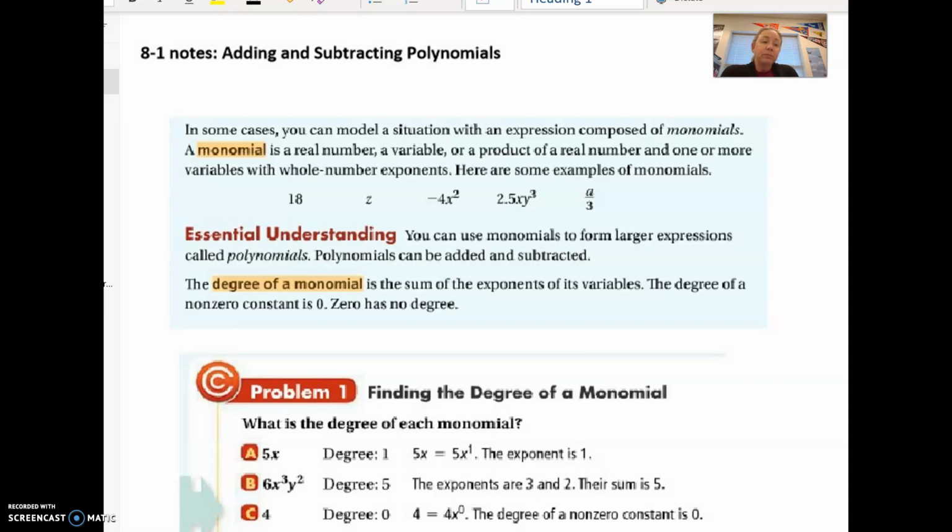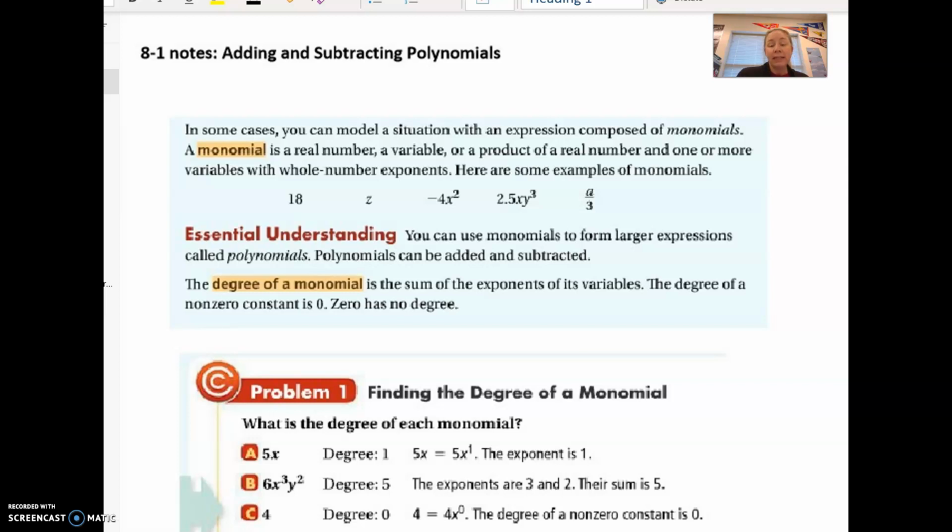So in this first section, it starts with a lot of new vocabulary. So we'll spend a little bit of time going over that first. In this section, we're going to be focusing on adding and subtracting, but we also will be talking about what a degree is and how to name a polynomial correctly.